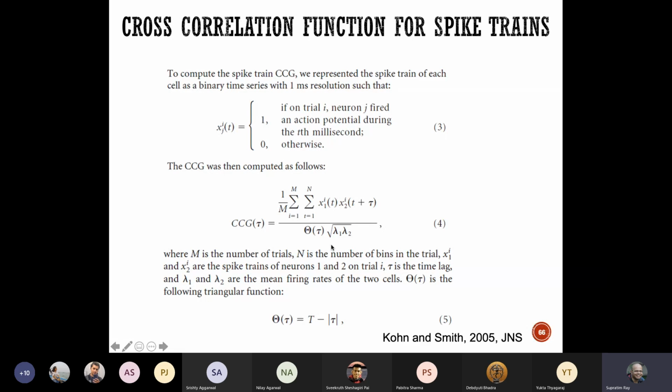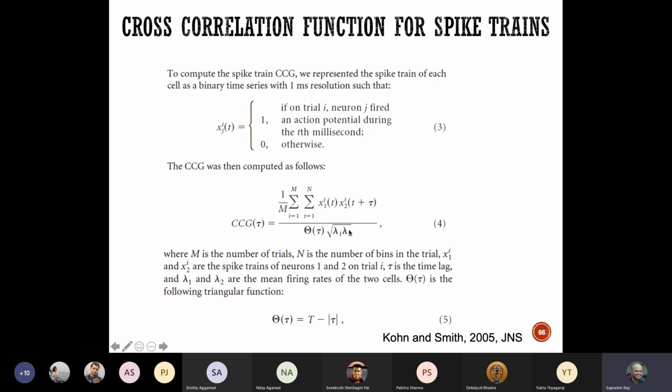So this is what we do then. I put a 1 when there is an action potential and a 0 otherwise. And then there are two things I have to do. One is I need to account for the fact that the number of action potentials might be different.